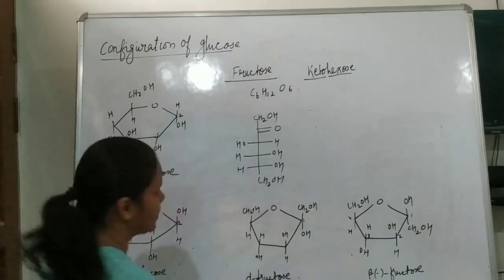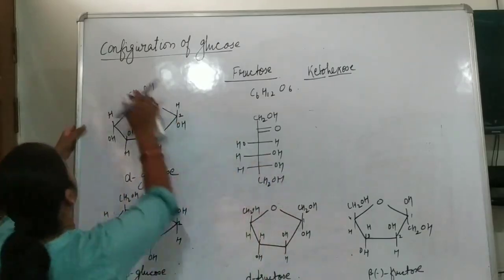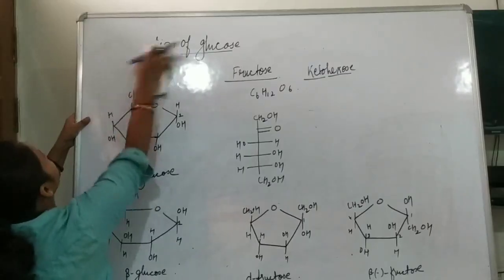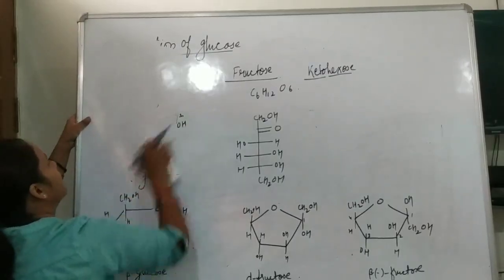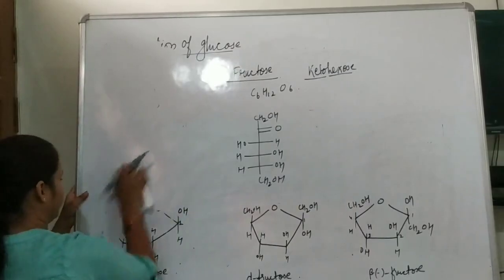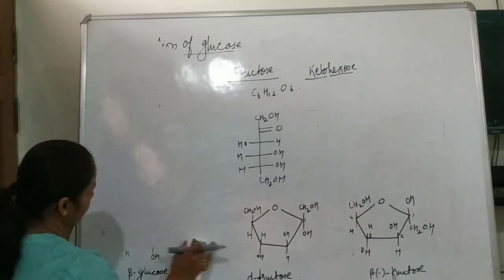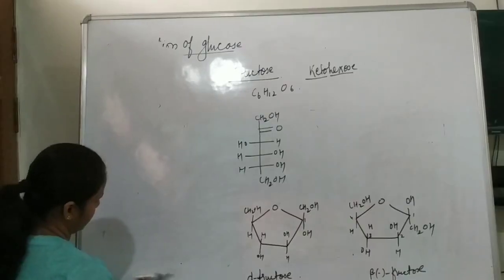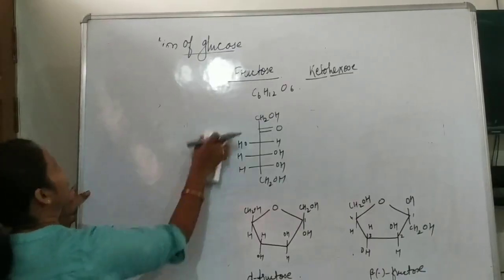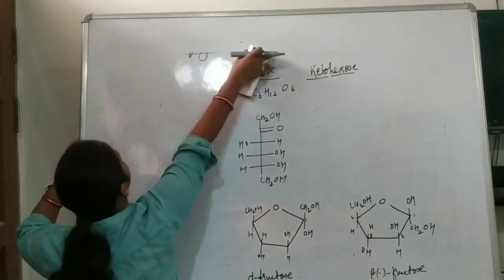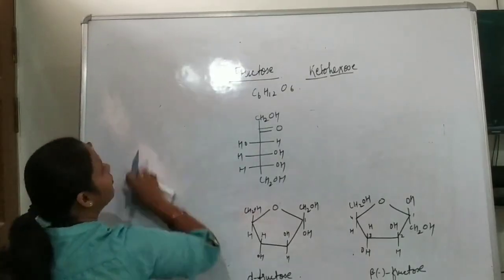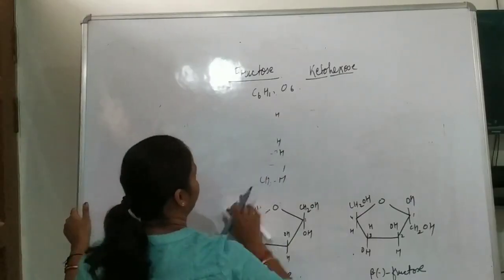We have learned what a disaccharide is. What is a disaccharide? In the previous class we learned that oligosaccharides yield 2 to 10 units on hydrolysis, right?